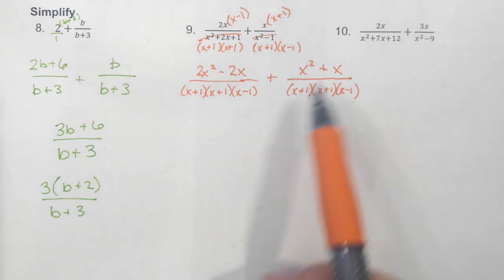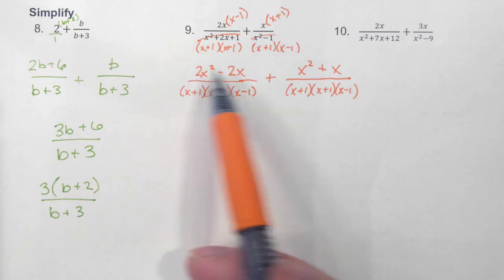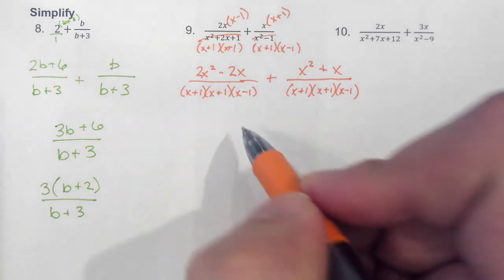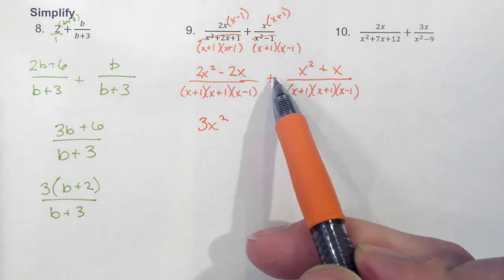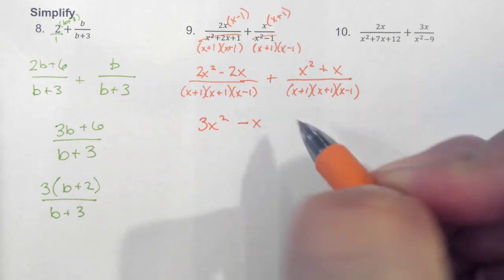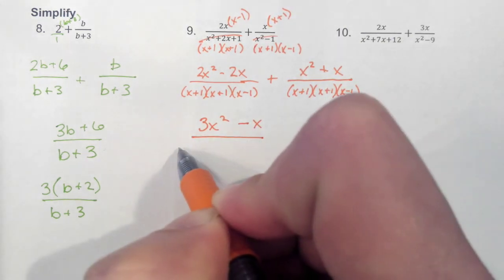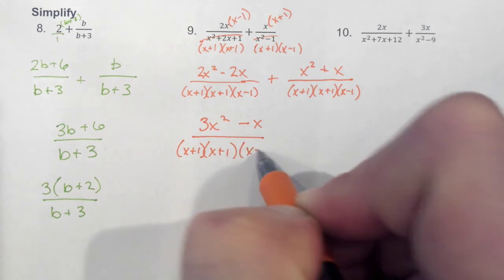Okay. And then we want to combine those numerators. So it says 2x squared plus 1x squared, which is going to be 3x squared. We've got a negative 2x plus a 1x. That's going to be a negative x over that common denominator of x plus 1 times x plus 1 times x minus 1.